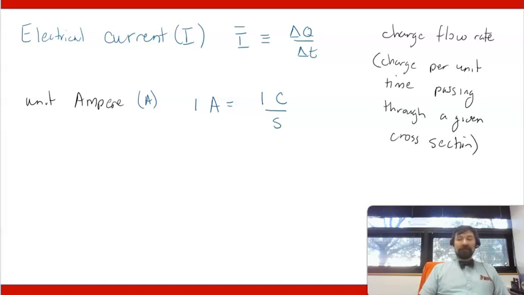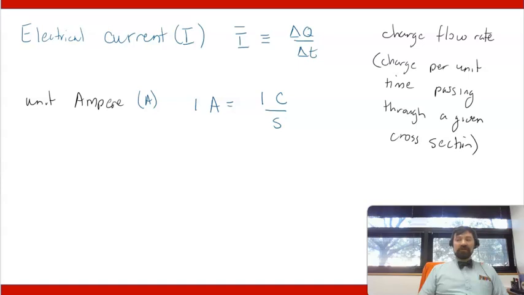Now, as it turns out, the amp is sometimes considered the more fundamental unit. It is definable aside from charges in terms of how much force a pair of very long, very straight wires will apply to each other while current is flowing through each of them.